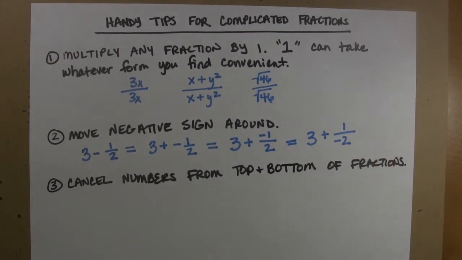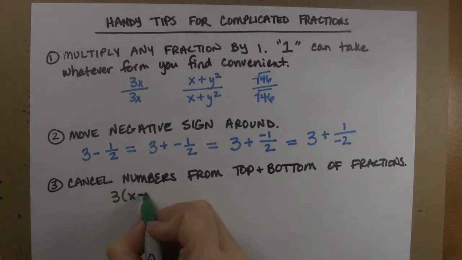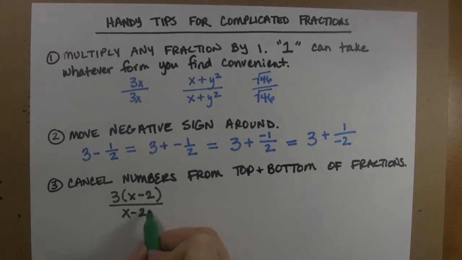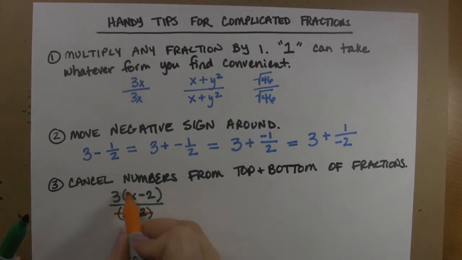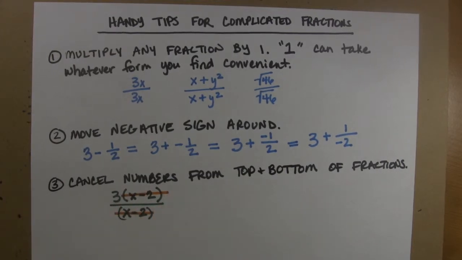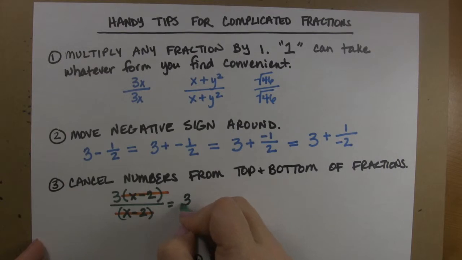So for instance, if you have 3 times (x minus 2) over (x minus 2), you could say, I'm going to cancel out these x minus 2's and I'm going to be left with just a plain old 3.